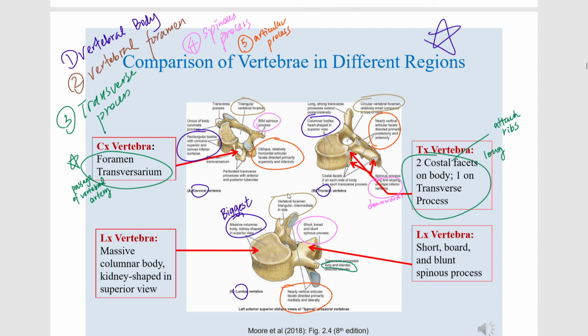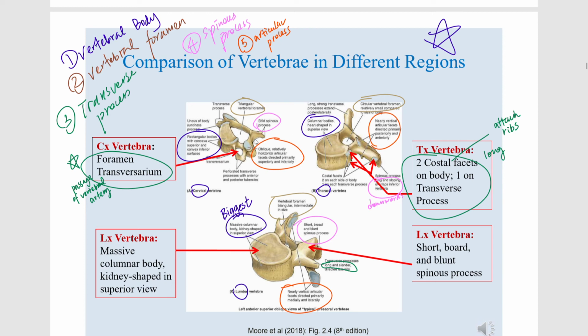Last but not least, we're going to talk about the articular process. The articular process in the cervical region is oblique and relatively horizontal. As you can see here in the diagram, the articular surface, which means the facet, is horizontally placed and directed primarily superiorly and inferiorly. For the thoracic region, the articular process is nearly vertical.